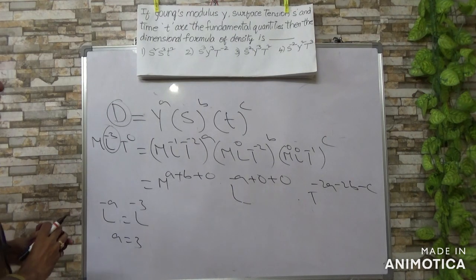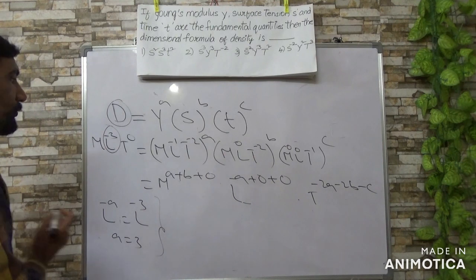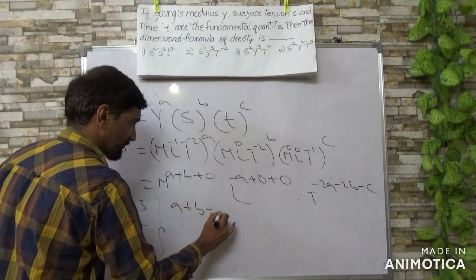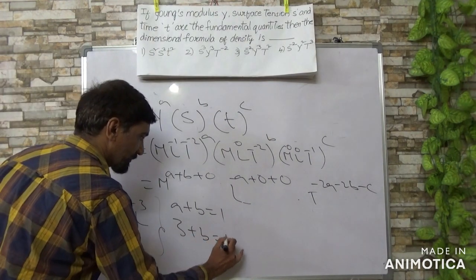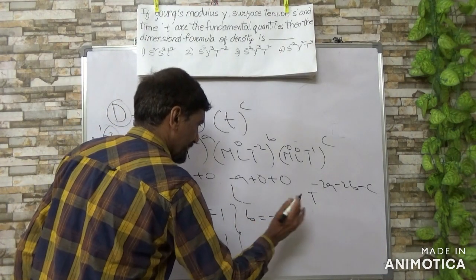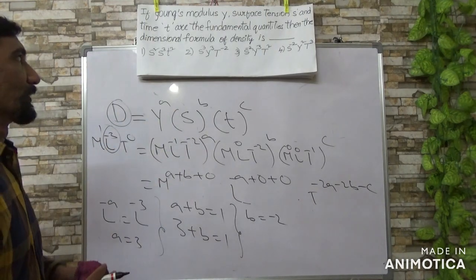Now about B. How do you know A plus B is 1? A is already known as 3, so 3 plus B equals 1, so B is minus 2. That means the surface tension power must be minus 2.